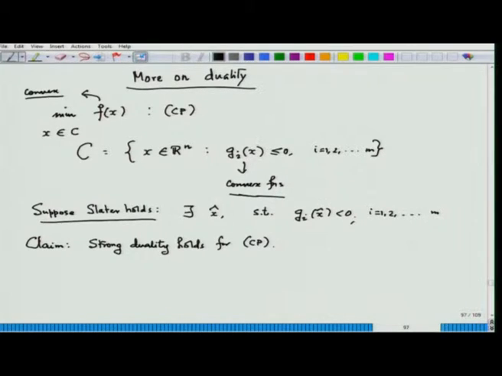Now, you might ask me the question, what happens if Slater does not hold? Does that mean that my strong duality can fail even for the convex programming case?